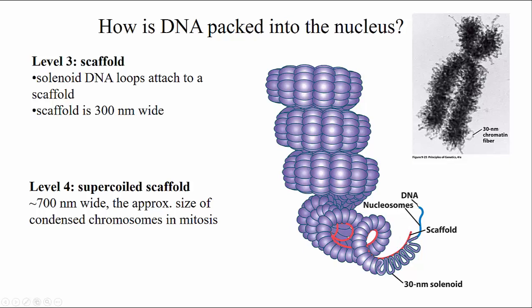These attachment sites create little loops going out, and these little loops will then curl up among themselves, and this is forming the scaffold and the level 4, which is the supercoiled scaffold. The scaffold is 300 nanometers wide, and then the supercoiled scaffold is actually 700 nanometers wide. And this final organization is actually the structure that you see in a chromosome that is condensed during mitosis.